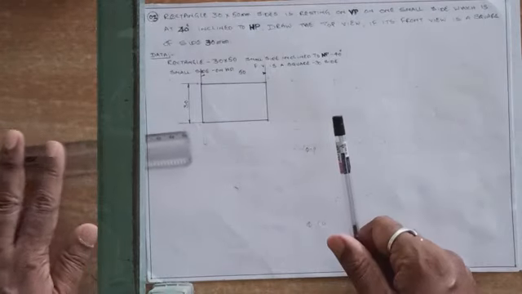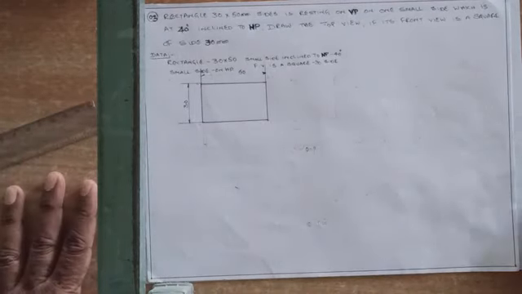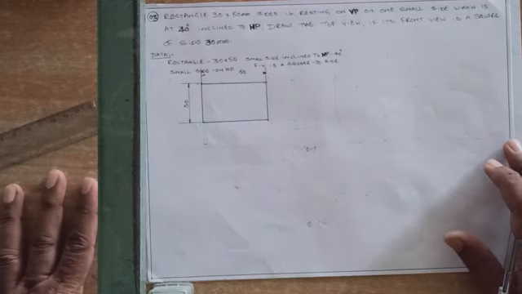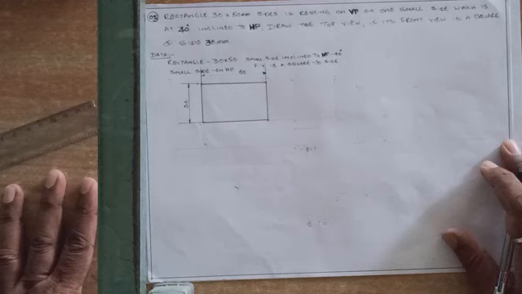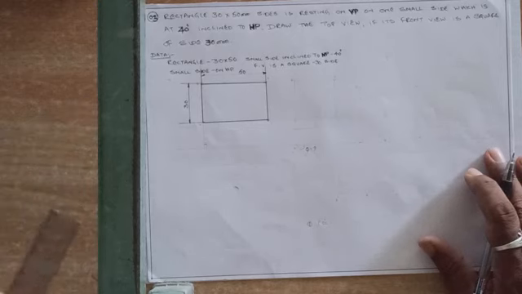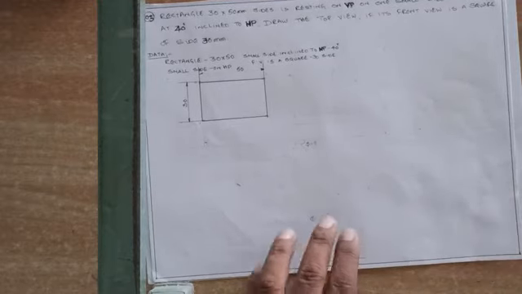Here also I have written the data. So the given figure is a rectangle, sides are 30 into 50, the small side is on HP, and the small side which is resting on HP is inclined at 40 degrees. Then the front view looks like a square of 30 mm side. So now you have constructed a rectangle.